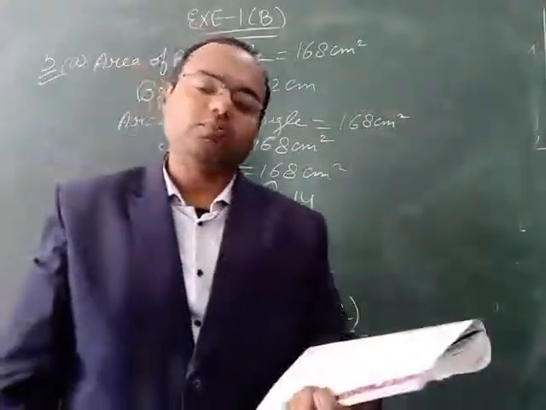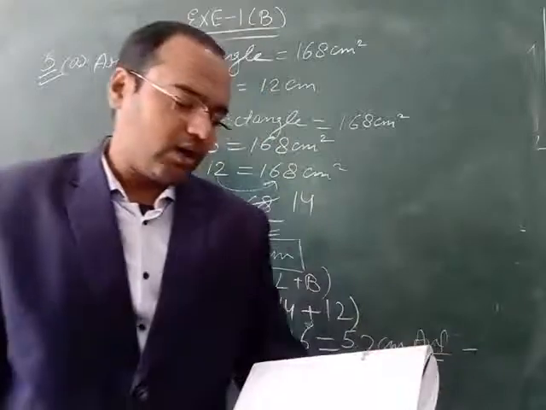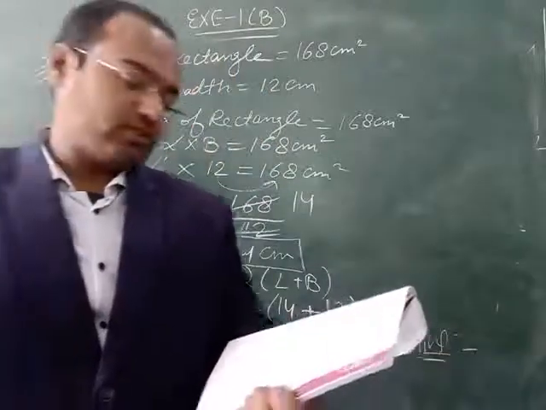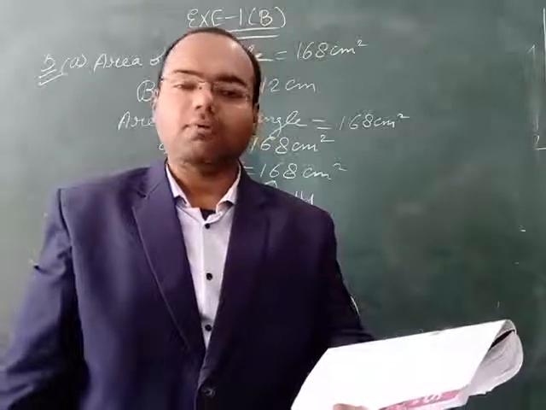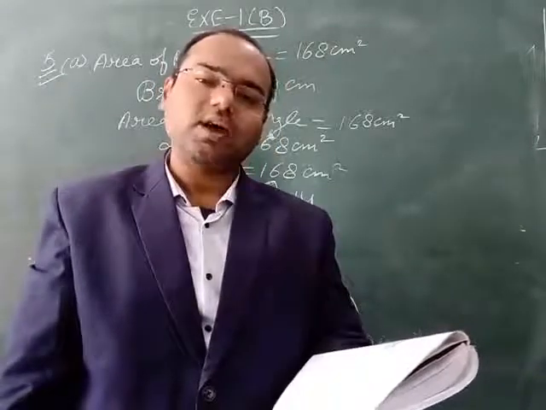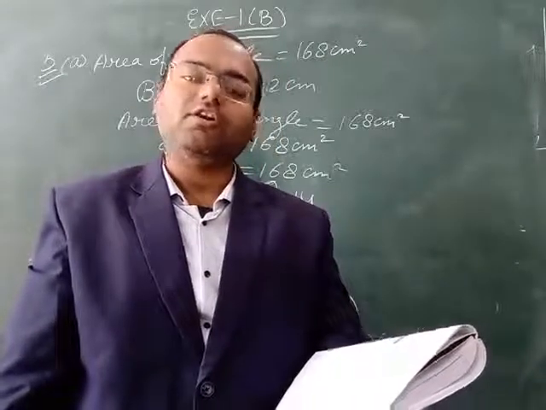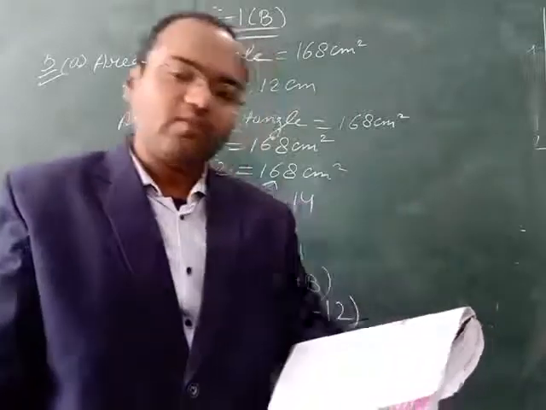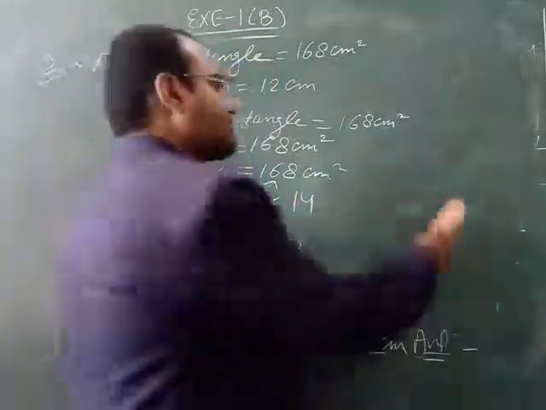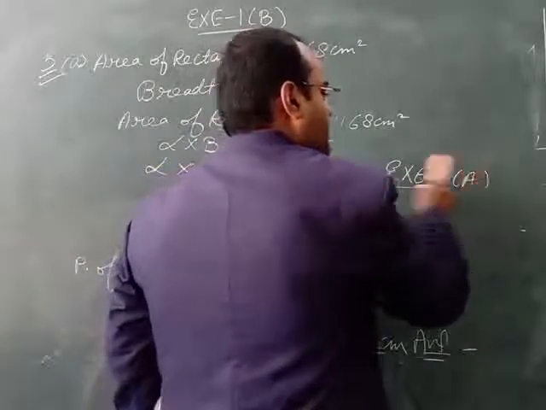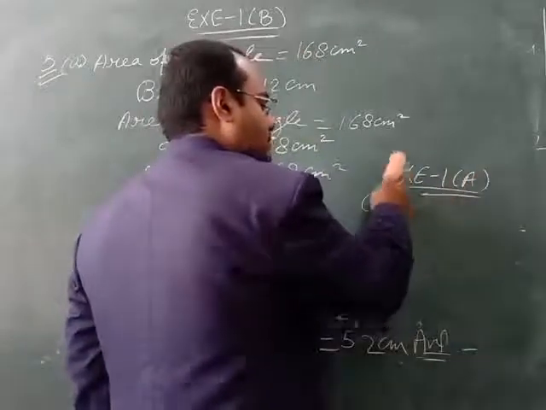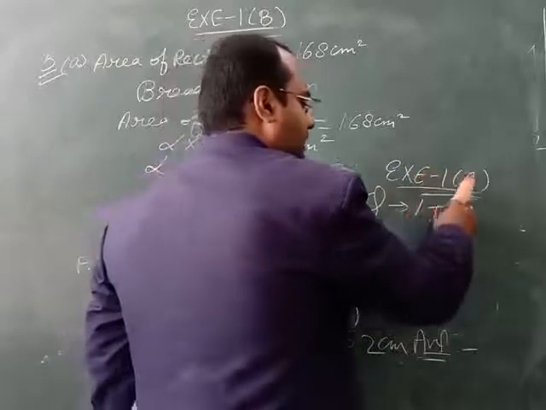Like this you have to do question number 5 B part also. Now for this exercise, only up to question number 5 you have to prepare. The rest of the questions are not in your syllabus. Your new reduced syllabus is from exercise 1A, perimeter. You have to do questions 1 to 10.